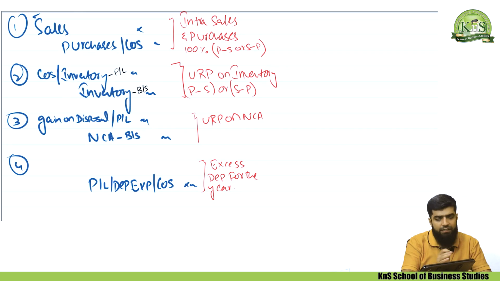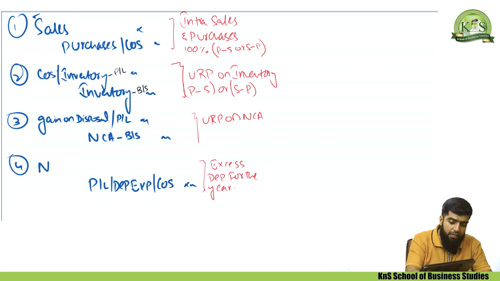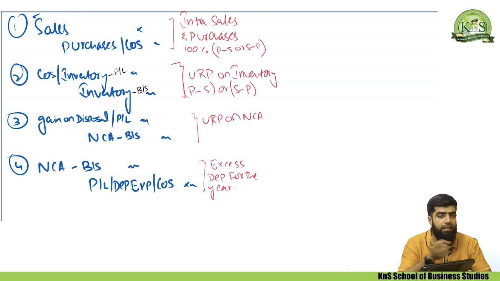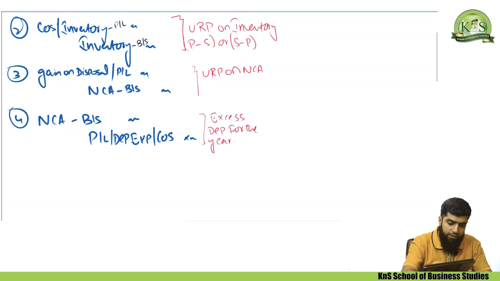So cost of sales will be credited, and the other impact will be on the balance sheet side, that is non-current asset will be debited. And definitely if we're discussing the P&L, there will be no impact of that debit entry on the P&L side. Okay, so that was the excess depreciation adjustment that the examiner might ask you in your financial reporting paper.